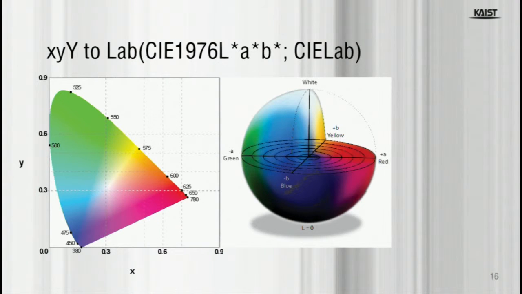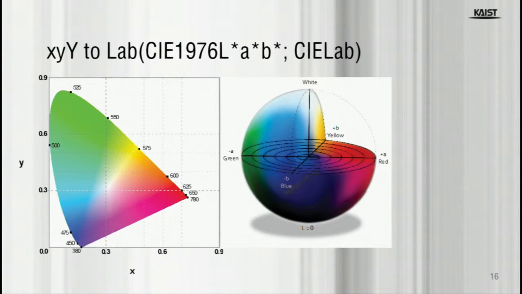In 1976, the CIE, the International Commission on Illumination, proposed the CIE 1976 LAB system. The CIELAB system attempted to maintain perceptual uniformity within the space.